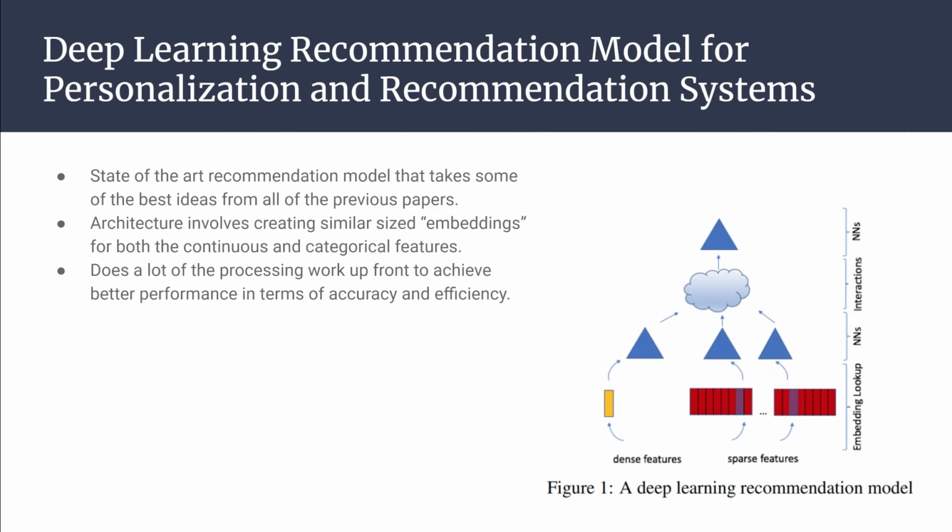What the authors of this paper did was create embeddings for both the dense and the sparse features, and they made it so that the size of the embeddings were similar between the two. This obviously created a lot of overhead in the beginning in terms of pre-processing.